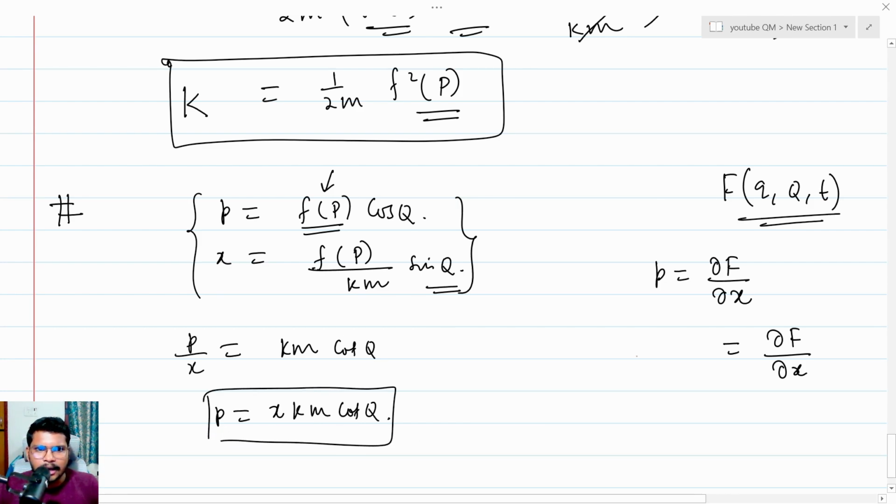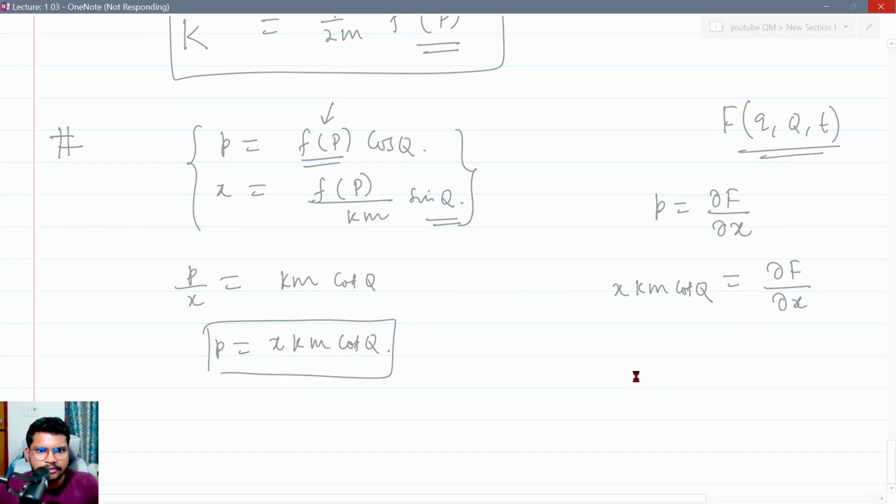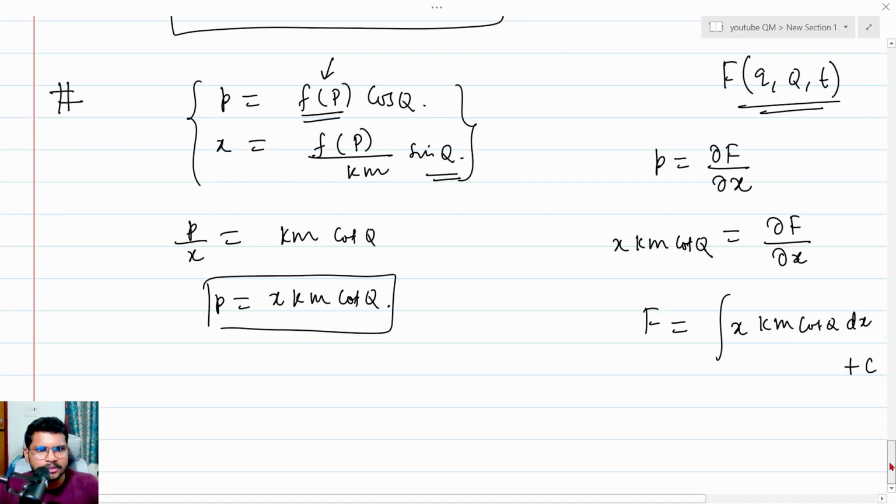Hence, I will write over here X km cot of Q. And remember that Q is not dependent on X, but all these quantities, that is X, small p, and capital Q, are independent quantities, right? Therefore, if I have to find F, let us see, I take the integral of km x cot Q dx, and there would be some kind of a constant, right? So it simply becomes x square by 2 km cot Q plus C.